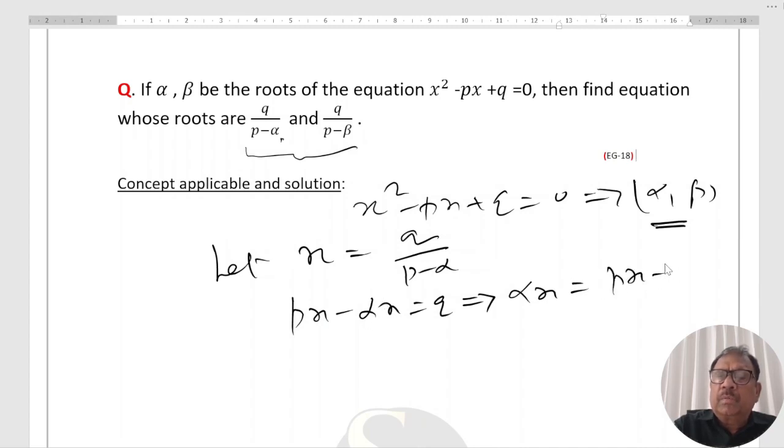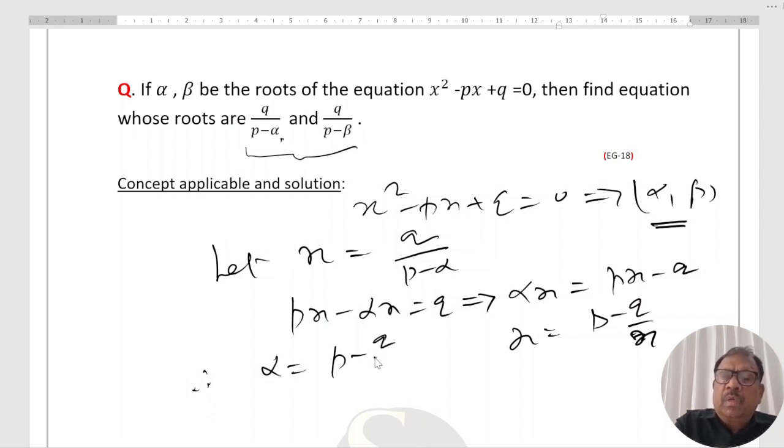On simplification, alpha x equal to px minus q. Alpha equal to p minus q by x. Therefore, x has been replaced by p minus q by x, since alpha is p minus q by x.